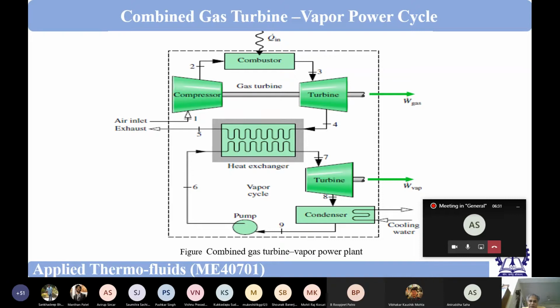Then the other important thing is power to volume ratio. That means for making certain megawatts, what is the volume of your power plant? Another thing is how well your power plant is geared up to take care of the changing load.